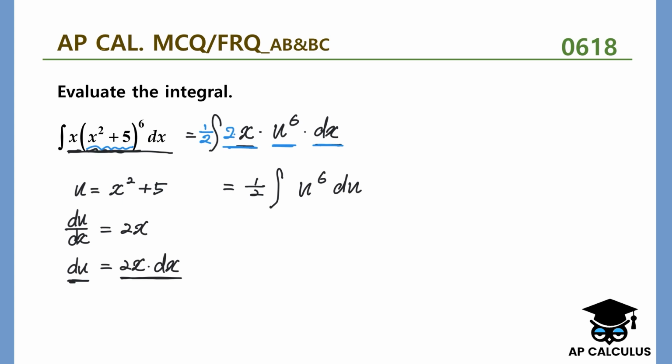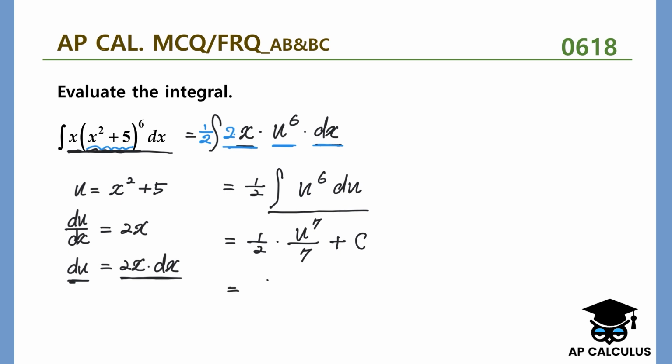Now this integral is in terms of u, and antiderivative of that is, using the formula, we have to add 1. So u to the 7 over 7, right? Since this is indefinite integral, we have to add c here, right?